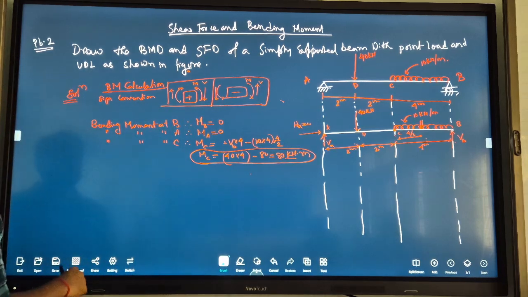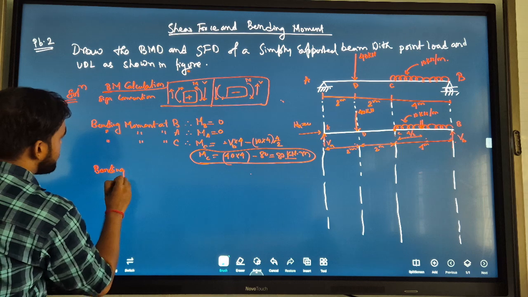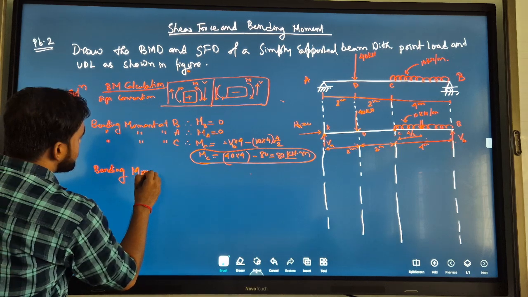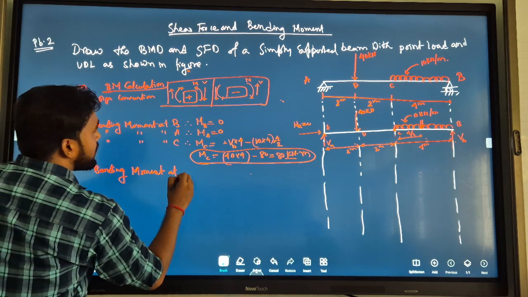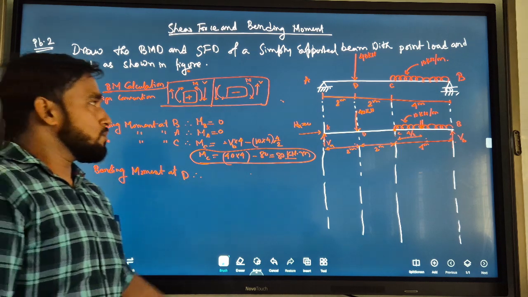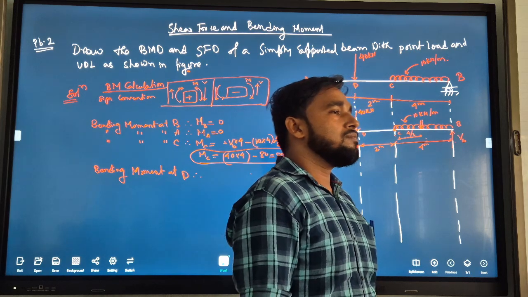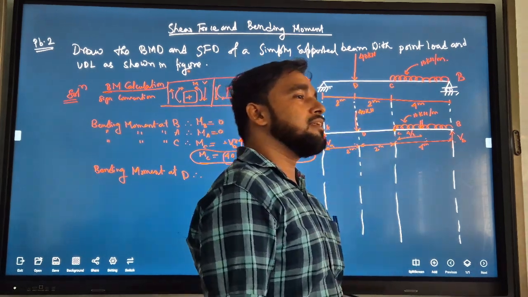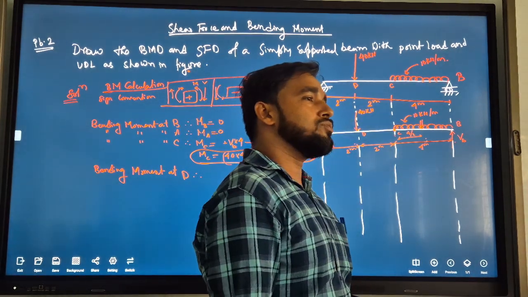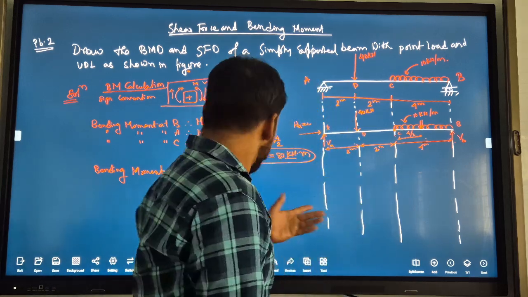Now calculate bending moment at D. While calculating bending moment at D, what you have to do? First, you have to stand at D. Then you have to look either towards B or towards A. Which side will you prefer? A. Okay.